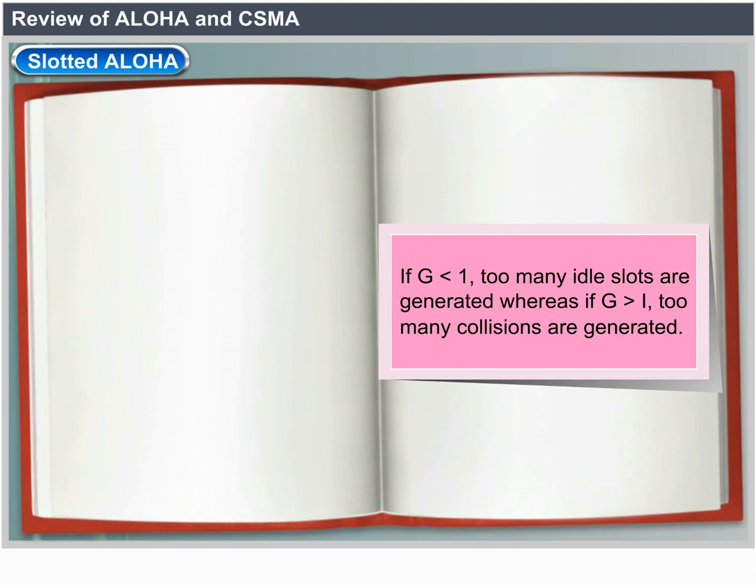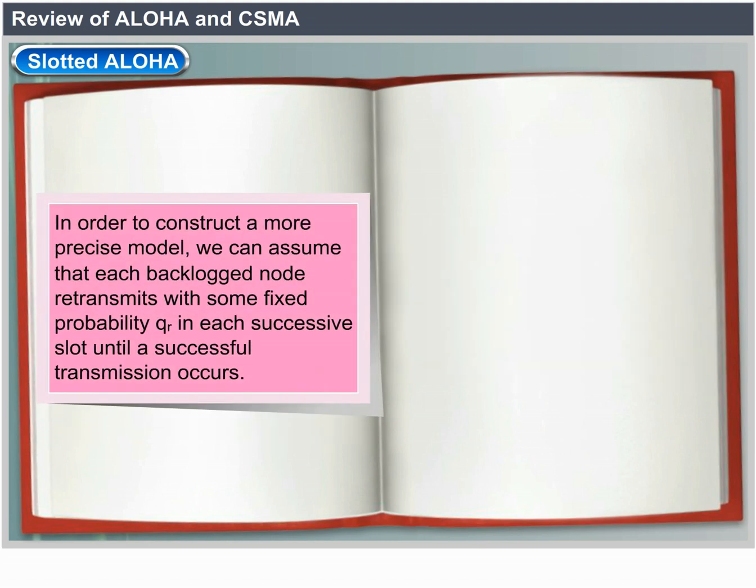To construct a more precise model, assume that each backlogged node retransmits with some fixed probability qr in each successive slot until a successful transmission occurs.